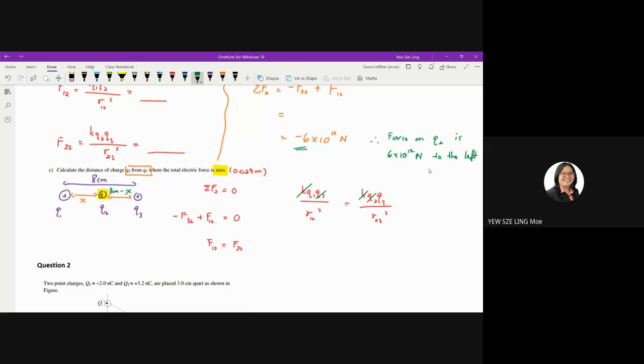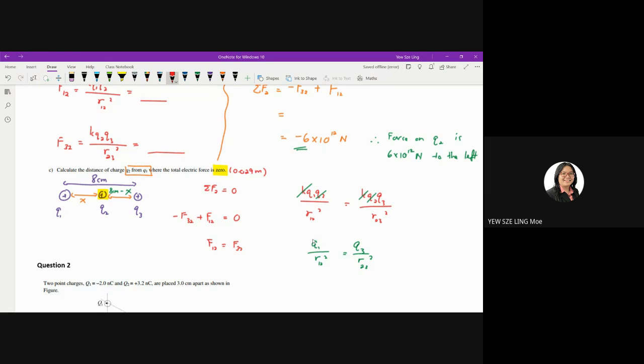Q2 you can also remove, so you're left with Q1 over R12 squared equals Q3 over R23 squared. Q1 and Q3 are known values. R12 and R23 are unknowns. So what are you going to do?